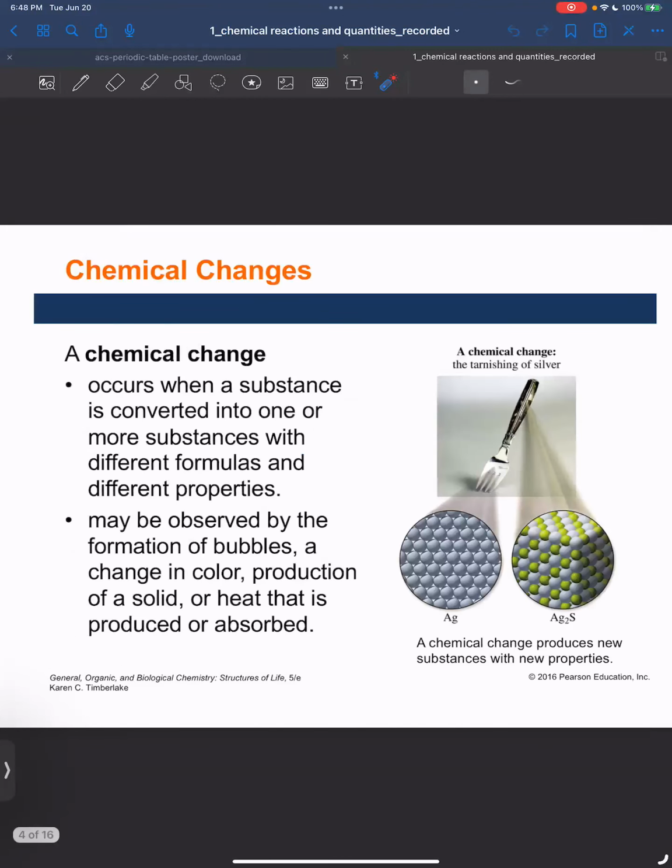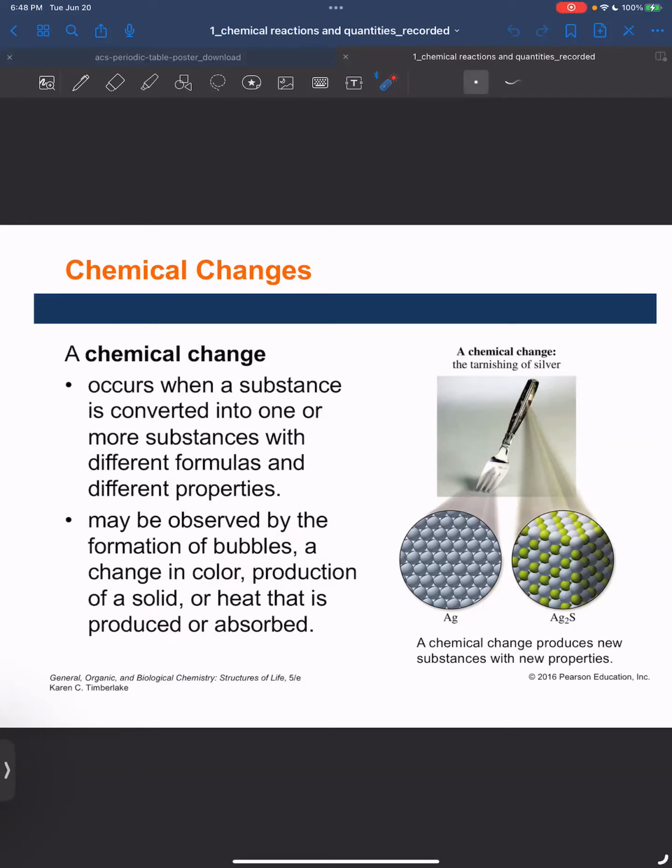So once again, a chemical change occurs when a substance is converted into one or more substances with different formulas and different properties. It may be observed in the laboratory by the formation of bubbles, or maybe a color change, or the production of a solid, a precipitate in your test tube, or heat that's produced or absorbed.